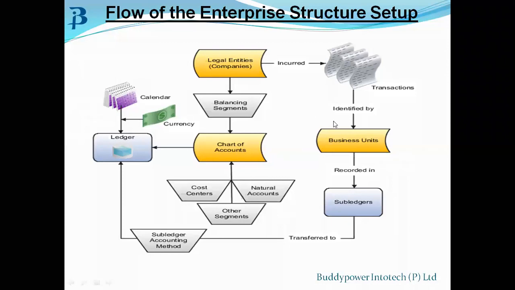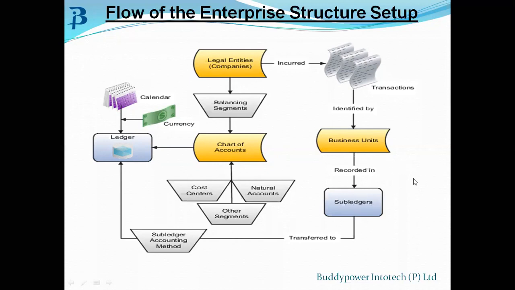Usually a business unit has a manager, strategic objectives, a level of autonomy and a responsibility for the profit and loss of the business. Then come the sub-ledgers. Whatever transactions happen in the business units get recorded in the sub-ledgers.